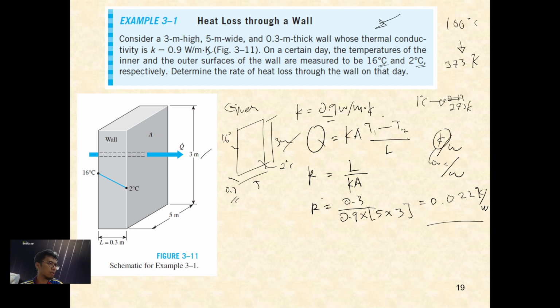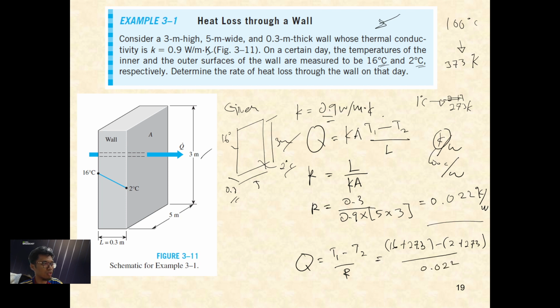How about the Q total? Q total equal to T1 minus T2 over R. So your T1 is 16 plus 273, minus T2, and your T2 is 2 plus 273, divided by 0.022.